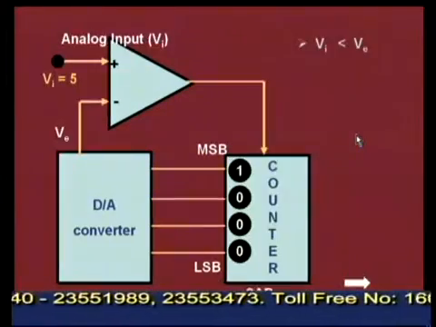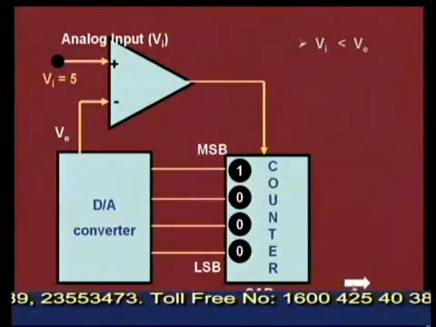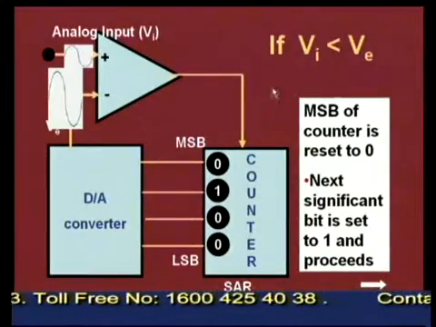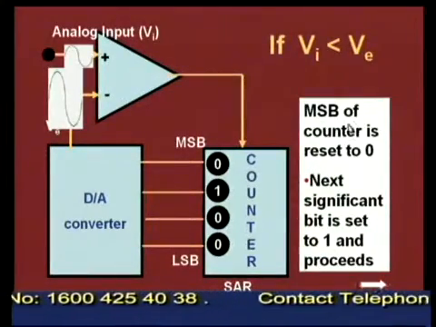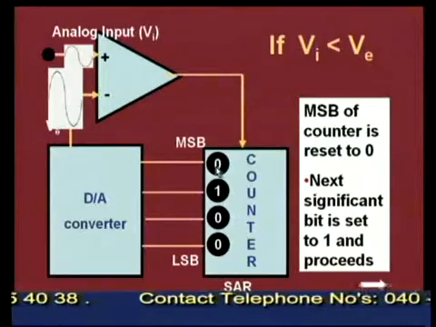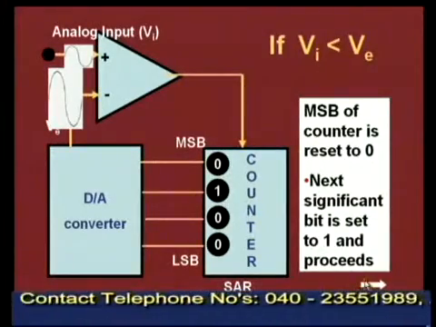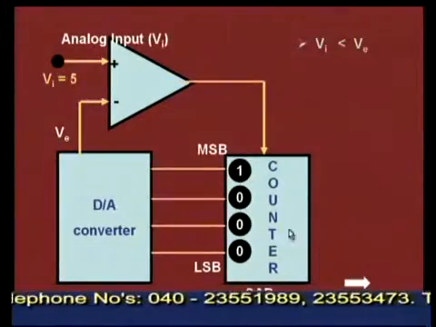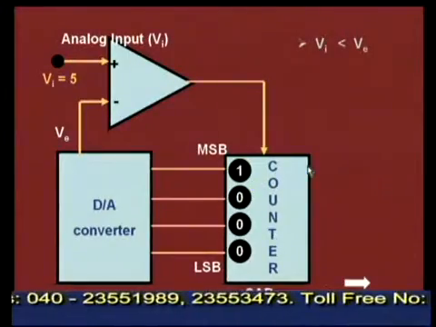When Vi is less than Ve, we have seen previously that the MSB should be set equal to 0 and the next significant bit must be made high. That is what we have to do here, right.